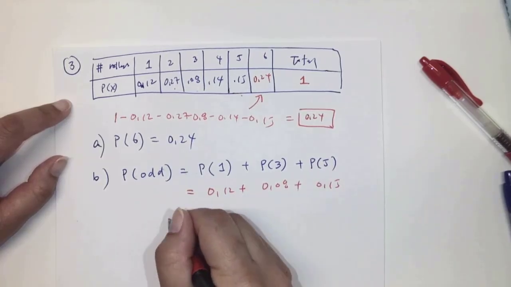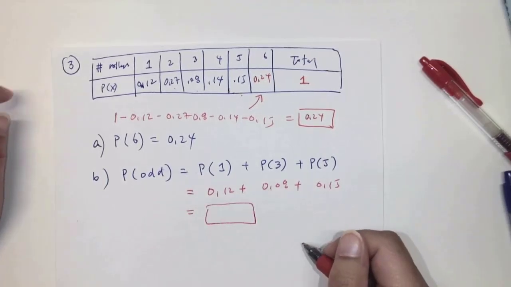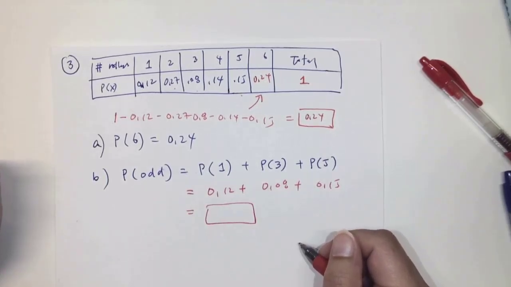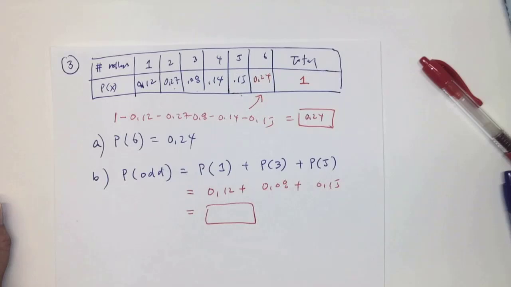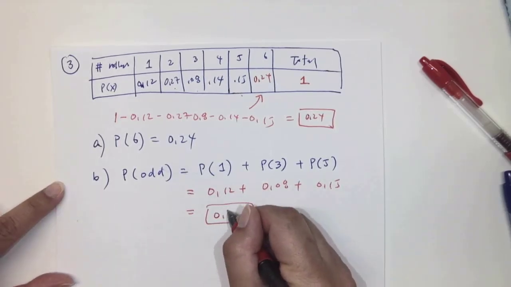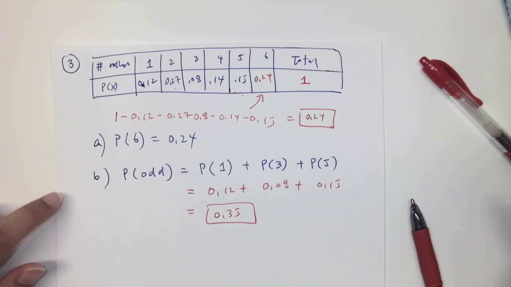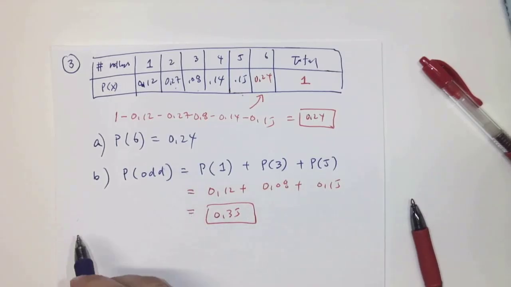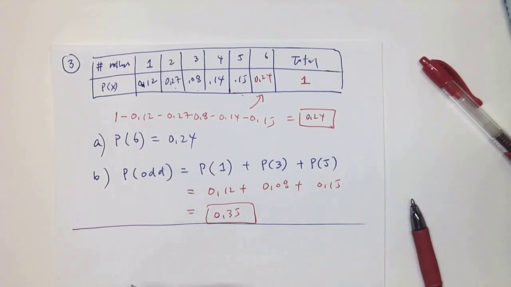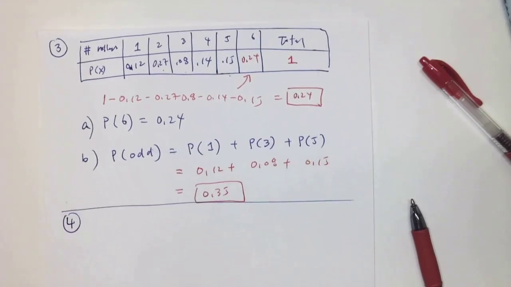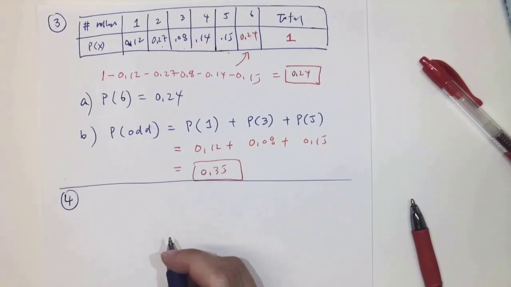So add them together, the answer should be 0.35. We have one question like this on the take-home quiz, right? So similar on the actual exam. The next one is also on the take-home quiz 1, I think.